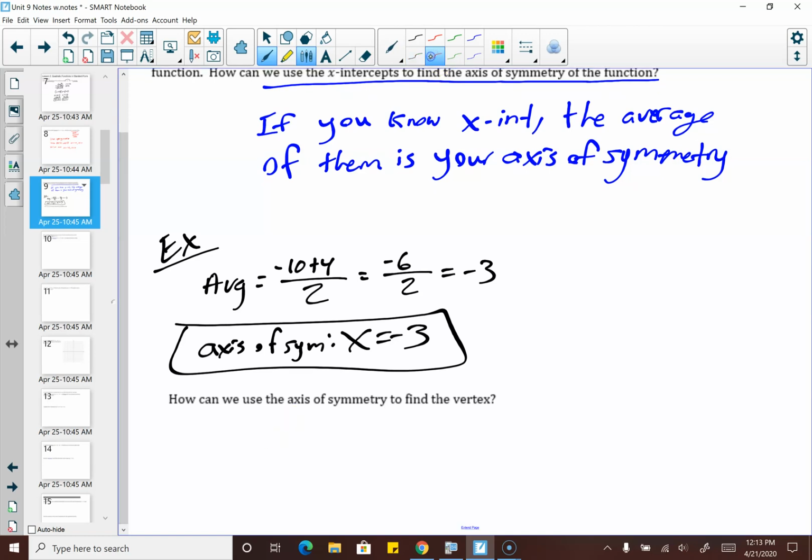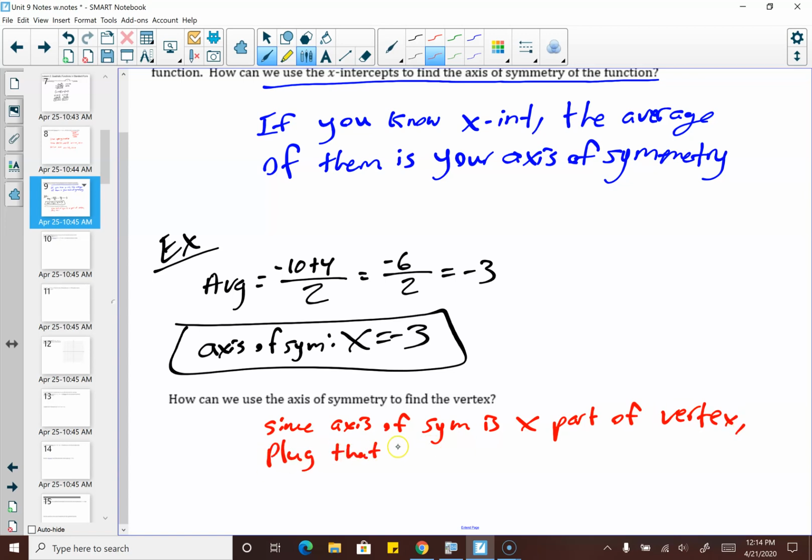Well, since the axis of symmetry is the x part of the vertex, plug that number into the original equation to get the y part of the vertex.